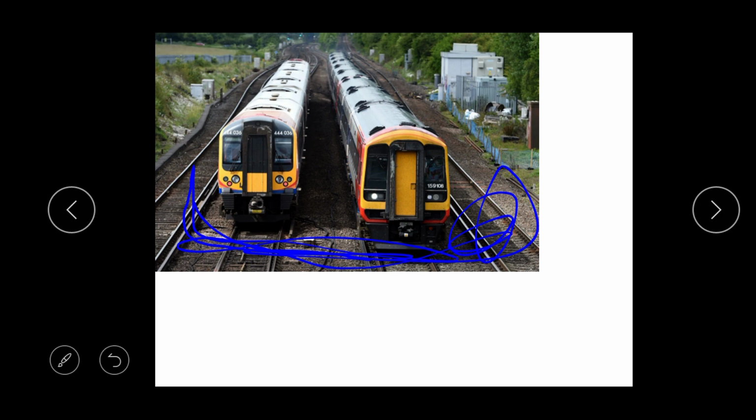Yes, under land transportation, the train is actually the fastest means, and it's also very safe. Yes, it's a very safe means of transportation.